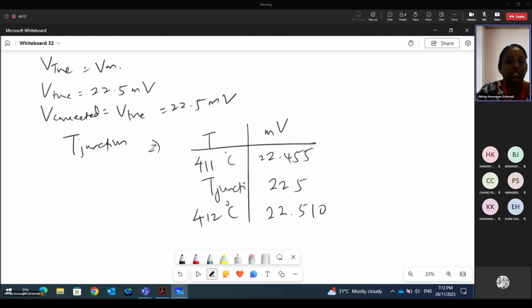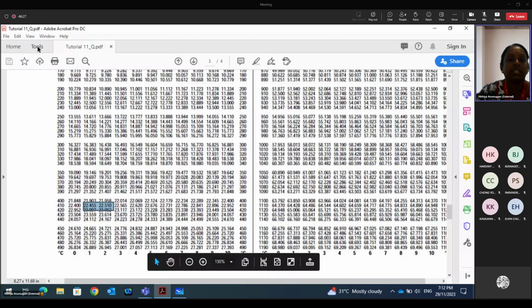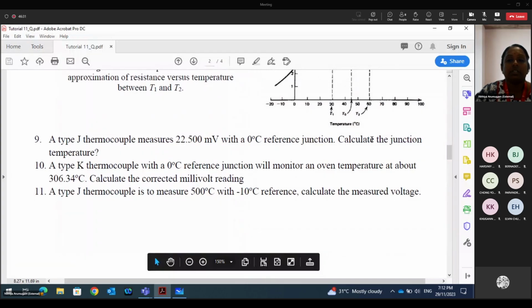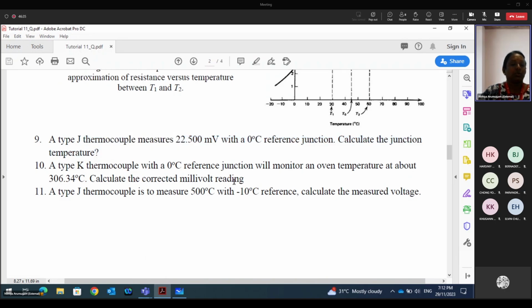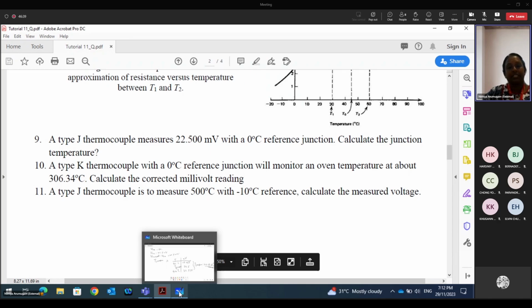The interpolation will give 411.818 degrees Celsius. The question asks us to calculate the junction temperature, so that is the T junction that we calculated.